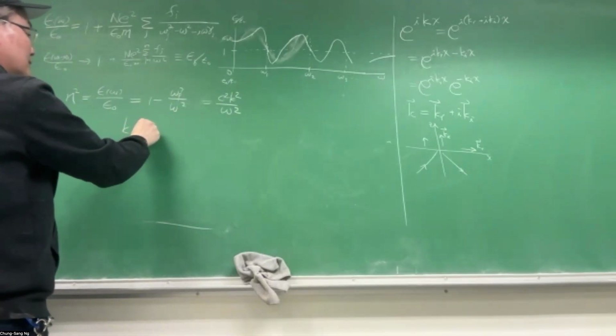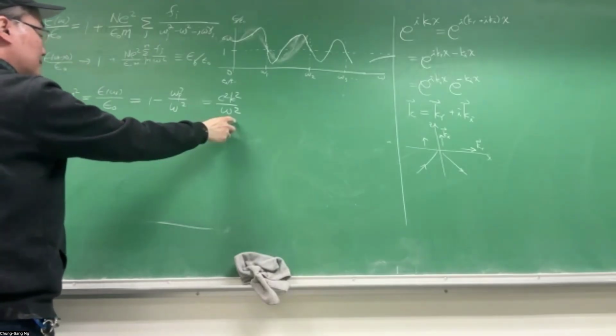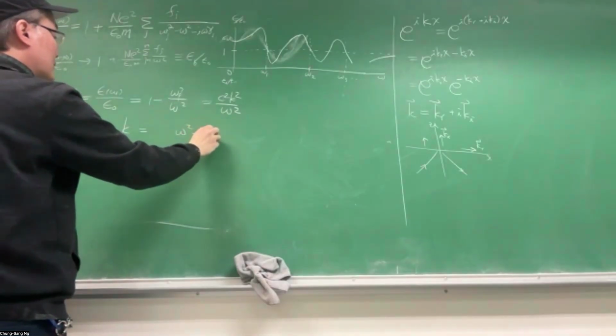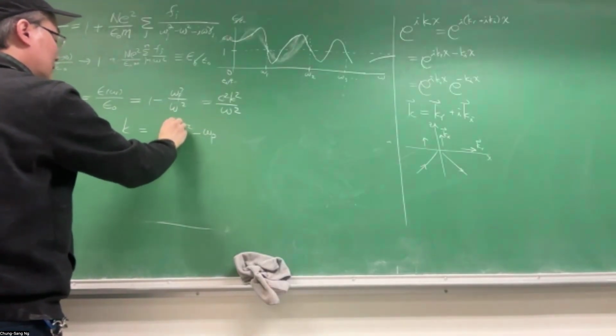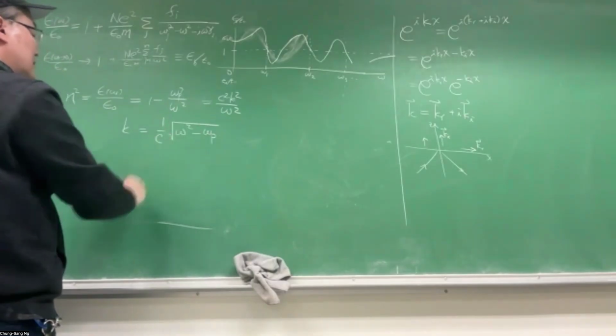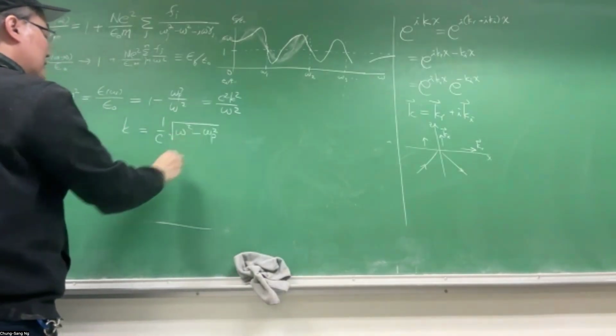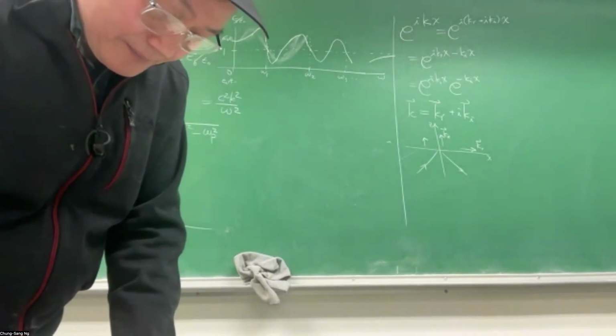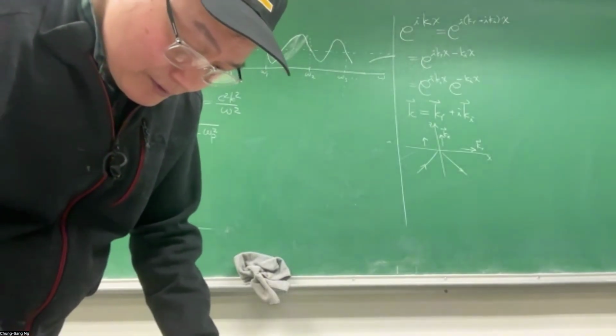So k would be equal to the square root of omega squared minus omega p squared, divided by c. So that we can solve.